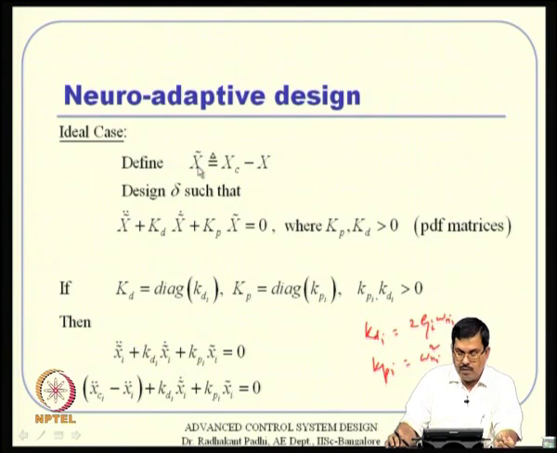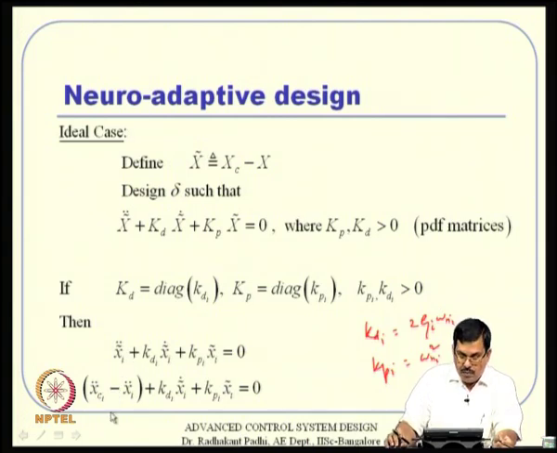Remember x tilde is nothing but x c minus x, so x i tilde is nothing but x c i minus x i. The double dot remains there. I will retain these two terms as they are, but this one I will put into the definition. So, x i tilde double dot is nothing but x c i double dot minus x i double dot. I just expanded this particular term.